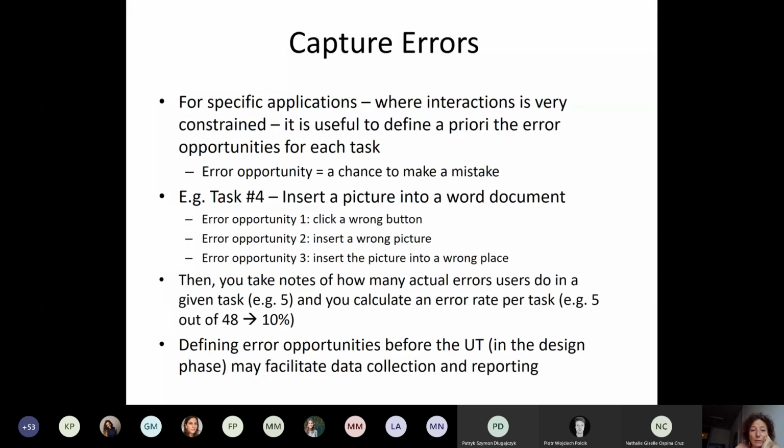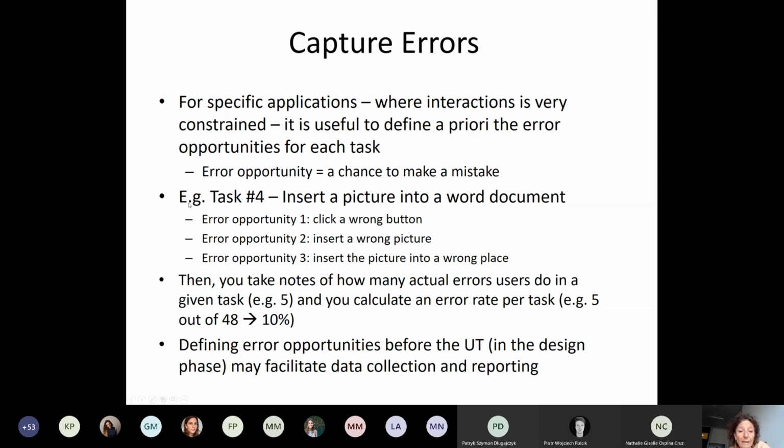These are examples. When you have a task, if you decide to measure errors, which is something that I do recommend because it really sheds light on the quality of your application, try to define the main errors that you expect in general, and the errors that could be specific to a particular task.